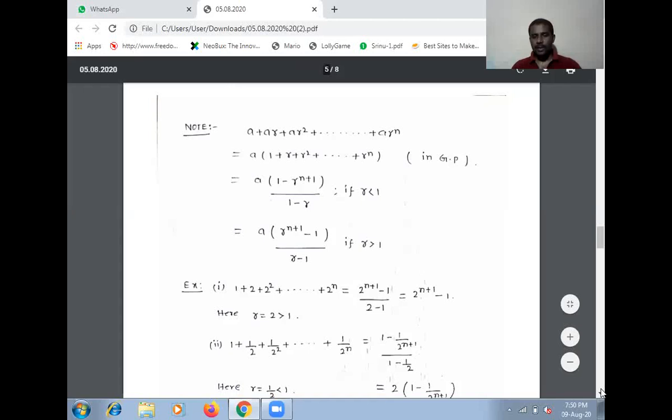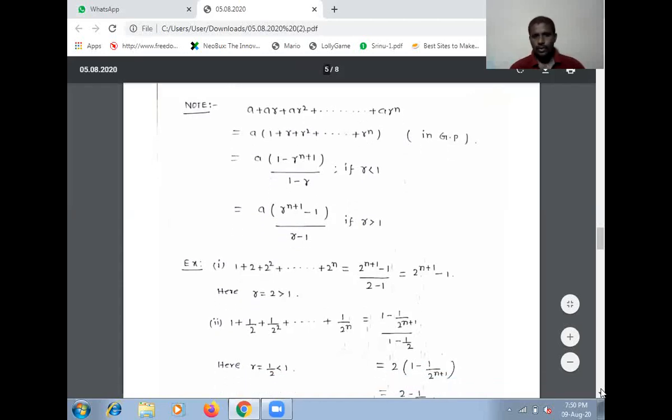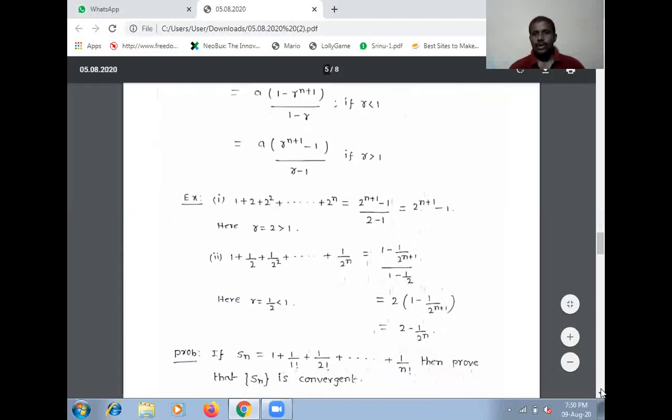In the denominator, 1 minus 1 by 2 is 1 by 2. So the 2 goes to the numerator: 2 of 1 minus 1 by 2 to the power of n plus 1. Multiplying with 2, we get 2 minus 1 by 2 to the power of n, which is the sum of the series.